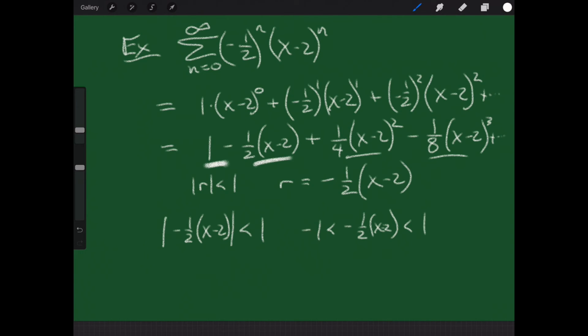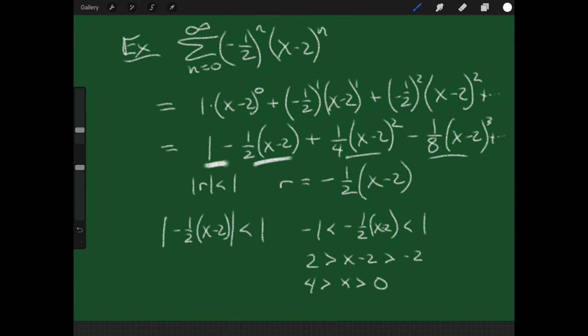I can solve that little inequality, and I would get that 2 is greater than x minus 2, which is greater than negative 2. And now I could add 2 to all sides, and I get 4 is greater than x is greater than 0.